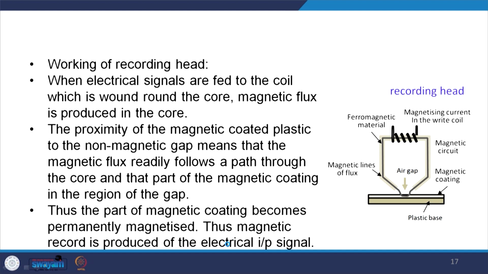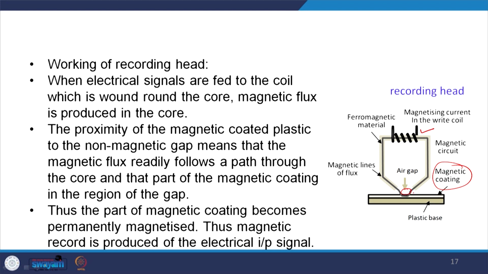Here is the working principle of the recording head. When the electrical signals are fed to the coil wound round the core, magnetic flux is produced in this core. The proximity of the magnetic coated plastic to the non-magnetic gap means that we have a magnetic coated plastic over here and there is a non-magnetic gap.